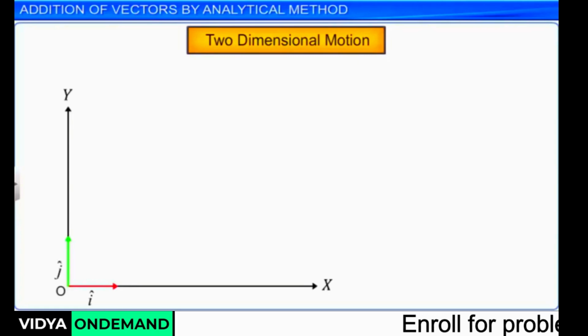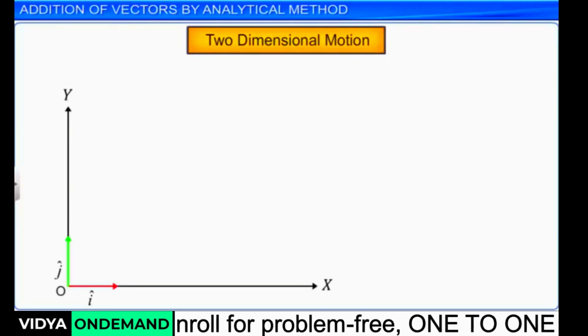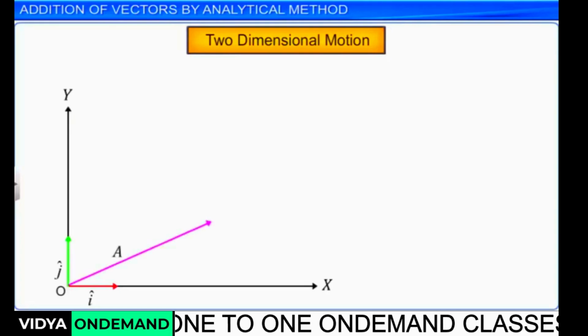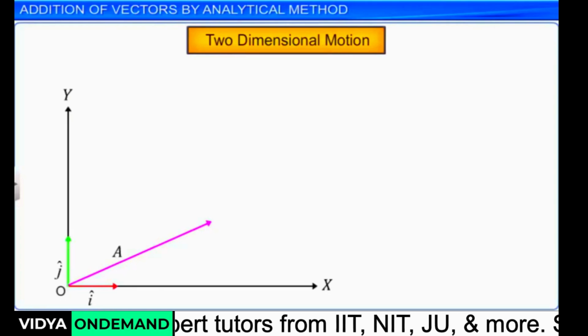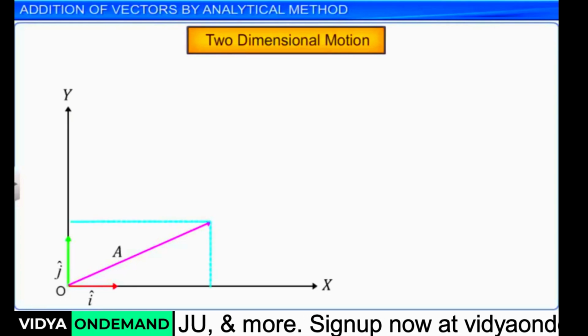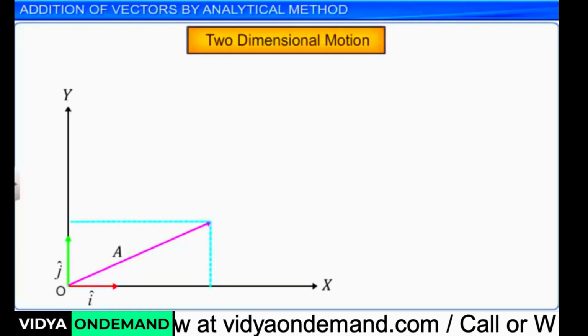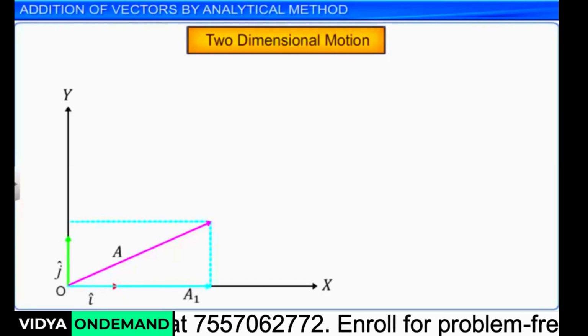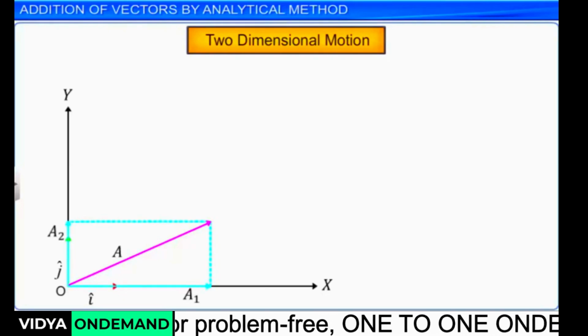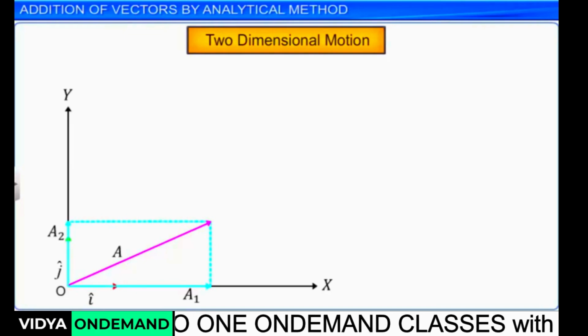Now, consider a vector A on the xy plane. From the head of the vector, draw perpendicular lines to the coordinate axis to obtain vectors A1 and A2. Hence, we can write A is equal to A1 plus A2.